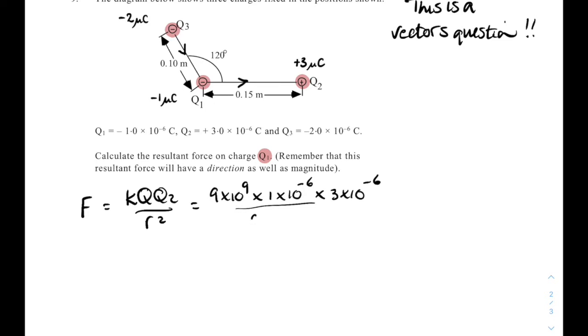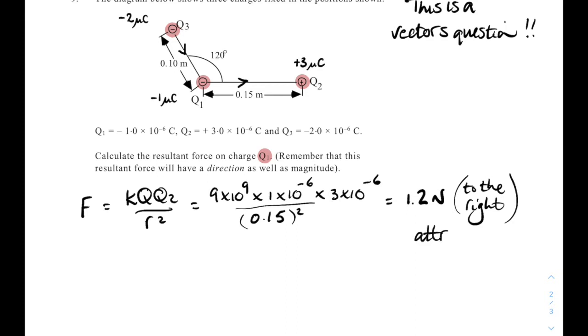And r, the distance between them, is 0.15 metres, and don't forget to square that. Now that will give us the force, and that force is 1.2 newtons, and it's going to be acting to the right because Q1 is negative and it's attracted to Q2 that is positive. So I'm now taking my positives and negatives into consideration.